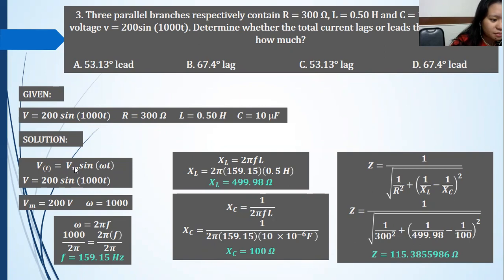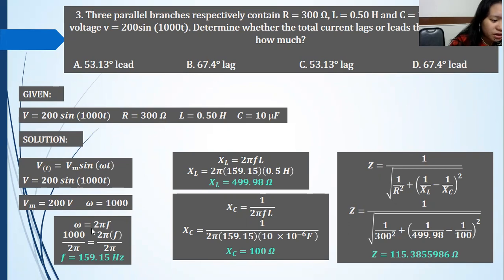Our Vm is our maximum voltage, which is the 200, and our omega is the 1000, like in the given value. So we have here the Vm is 200 volts and our omega is 1000. Then the formula for this is 2 pi f.